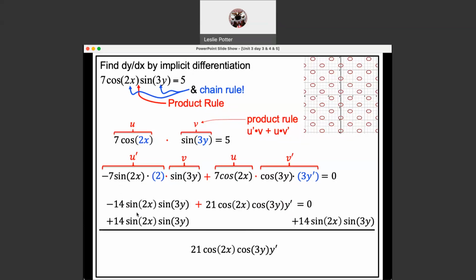And it's going to cross out on the left. I'm going to be left with the 21 cosine 2x cosine 3y y prime. And on the right, I'm going to have the 14 sine 2x sine 3y. And this product now on the left, I can just divide out. And this cancels on the left, and I'm left with my y prime.